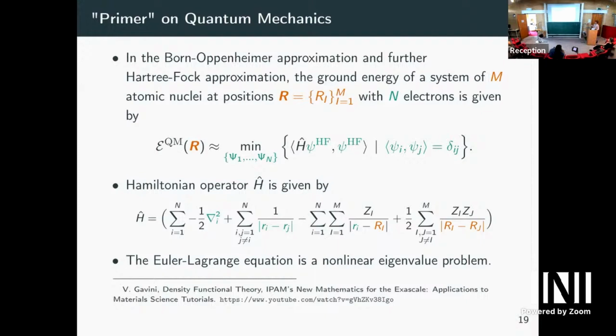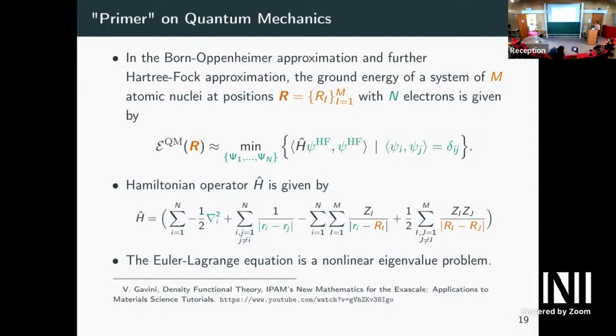And so if you want to have an atomistic energy of the system of m atomic nuclei at some positions, which is the exact same as I described for my purely atomistic model, and then you know that for this cluster of atoms, there's n electrons around them, you end up with a nonlinear eigenvalue problem. Your energy of this configuration is a minimum over, and this is the so-called Hartree-Fock approximation.